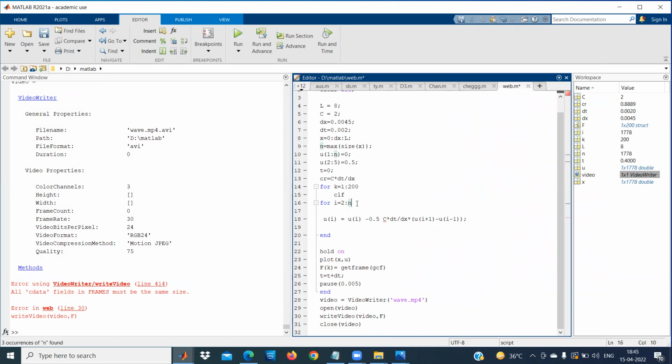Okay, so I have to go to n minus 1, and I have to use the boundary condition u n equal to u n minus 1.